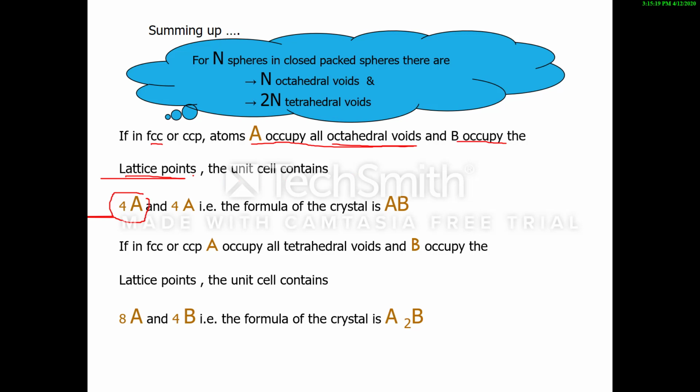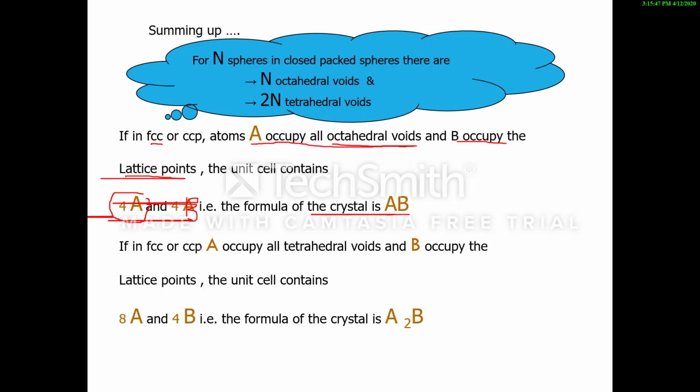So in case of FCC, 8 corners and 6 face centers are occupied and their contribution is 4. This, by mistake, should be B. It should be B. Clear? Remember it should be B. So we can say there is a 4:4 ratio between A and B. That's why the formula becomes AB.